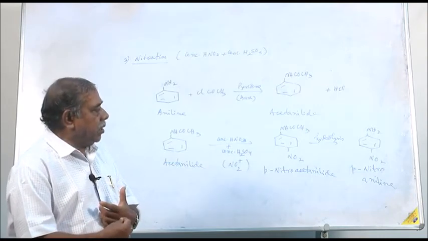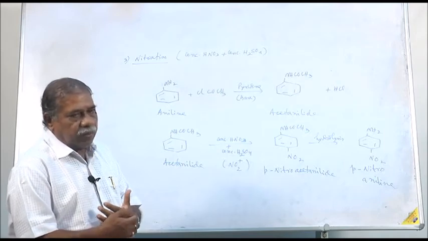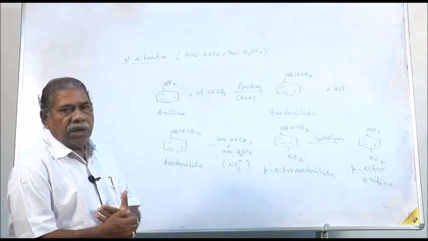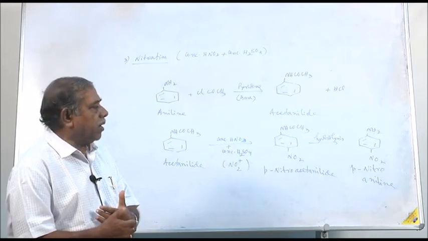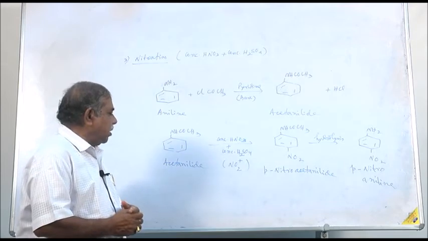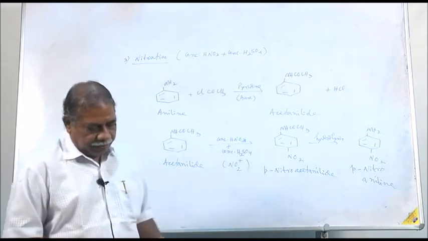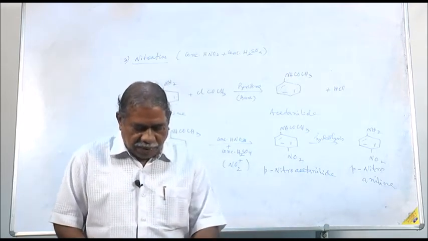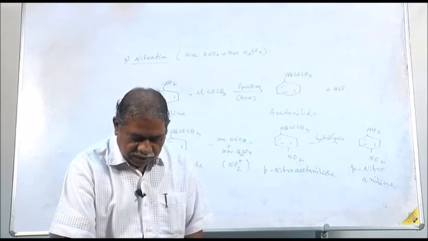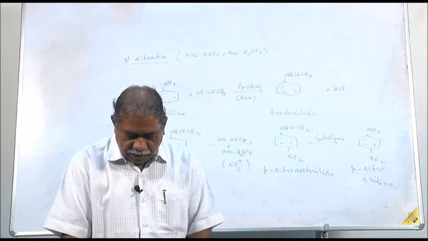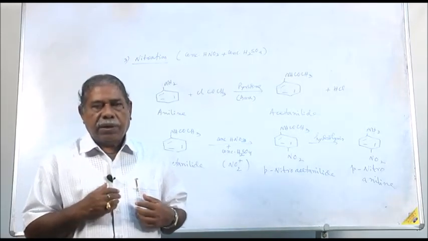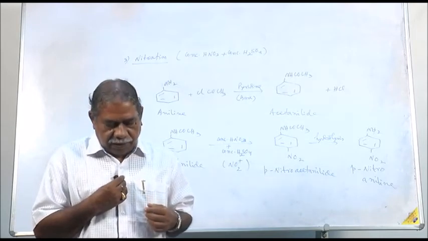As we have seen, the electron density at ortho and para positions increases, therefore the second electrophile will attack the ortho and para positions. Bromination, sulfonation, and the last one is nitration. So this is all about the amines. In my previous class, we completed discussion of the aliphatic amines, and today we have completed aromatic amines, that is aniline. Thank you.